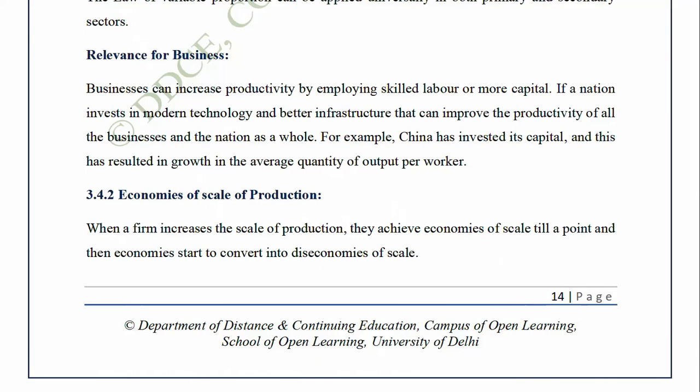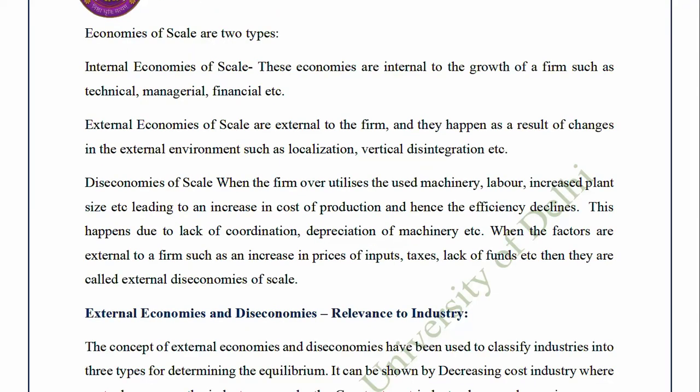3.4.2 Economies of scale of production. When a firm increases the scale of production, they achieve economies of scale till a point, and then economies start to convert into diseconomies of scale. Economies of scale are of two types. Internal economies of scale.